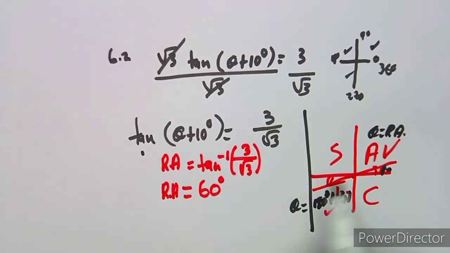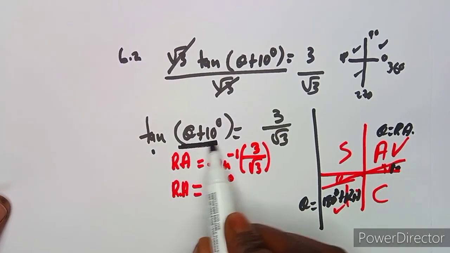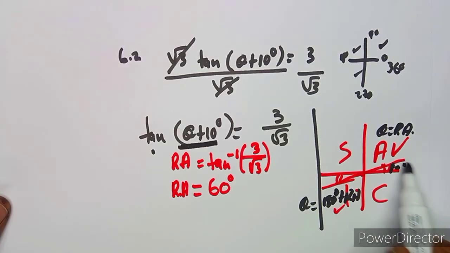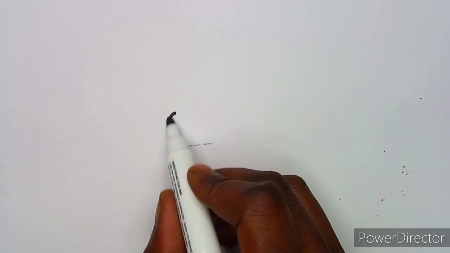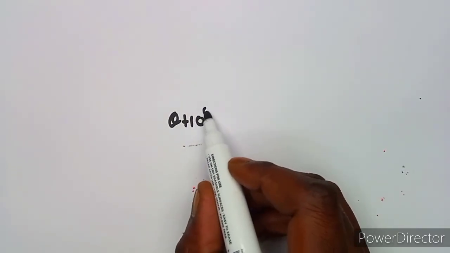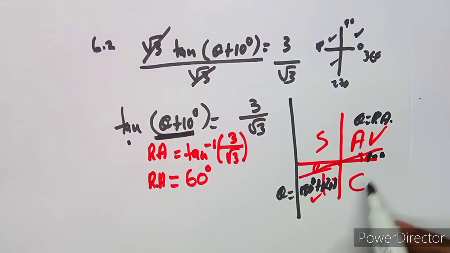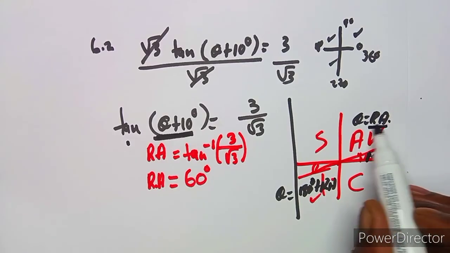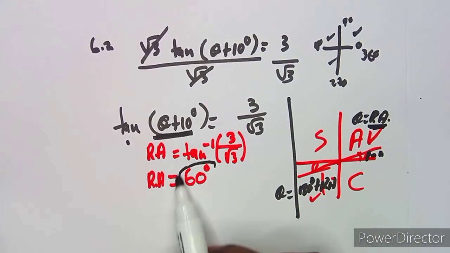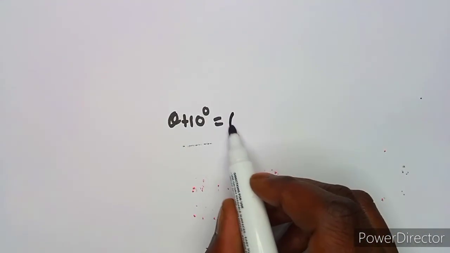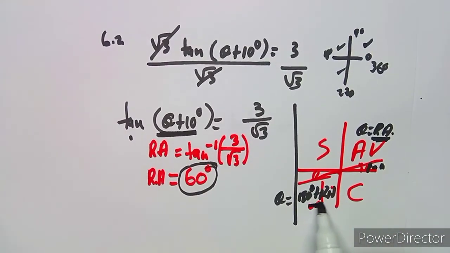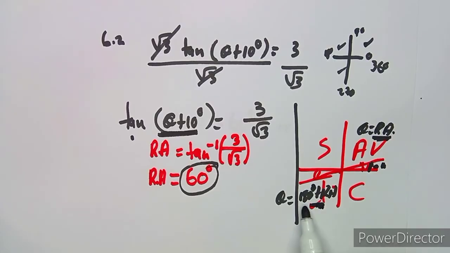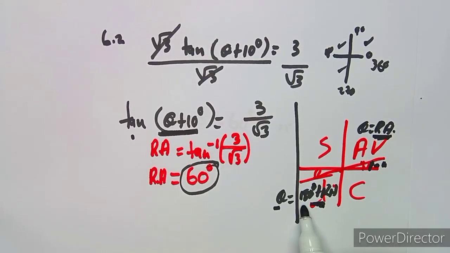So we take this and equate it to the angle in the first quadrant: theta plus 10 degrees is equal to the reference angle, which is 60 degrees. Or another one in this interval, the third quadrant, where theta is equal to 180 plus the reference angle.